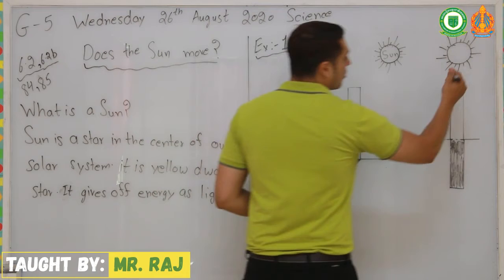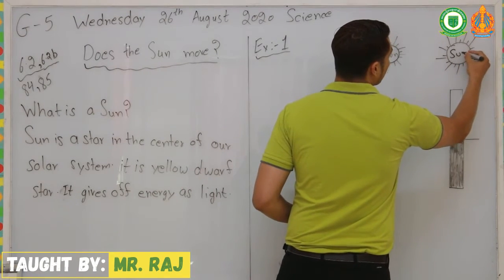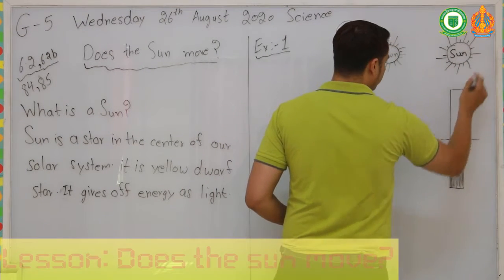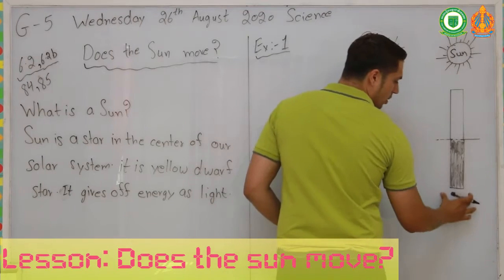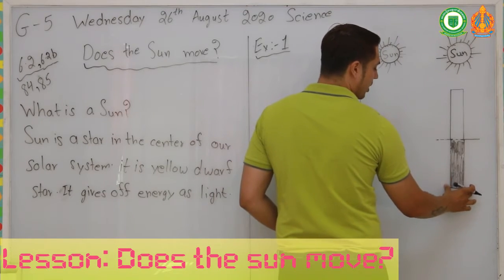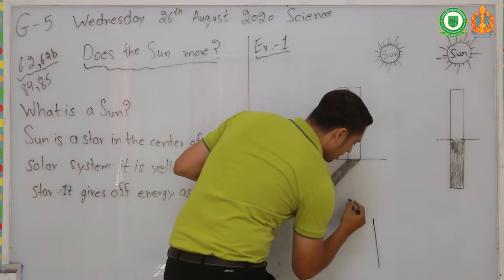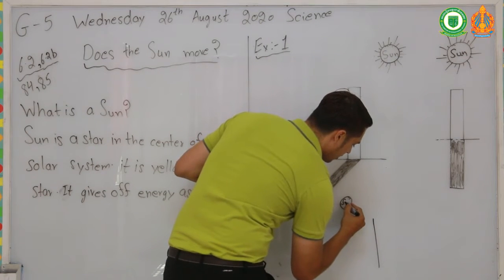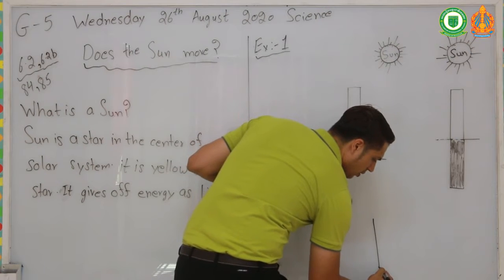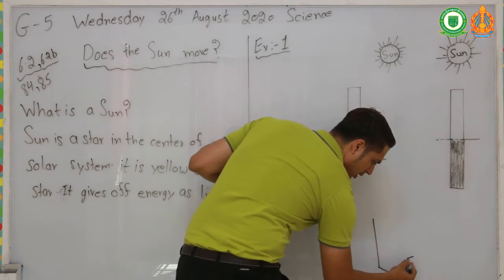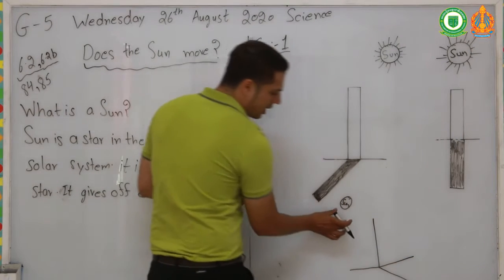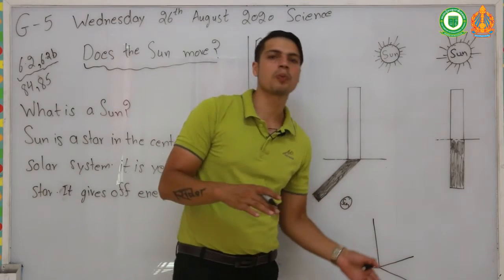When the sun moves on top of this pole, the shadow becomes here. If the sun moves to this side, the shadow will go to this side. Where the sun is, the shadow will go on the opposite side.